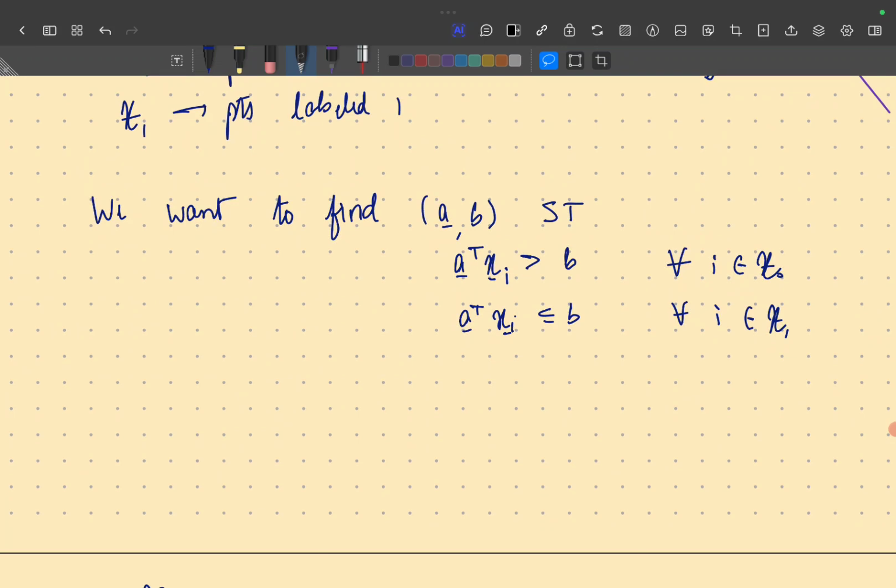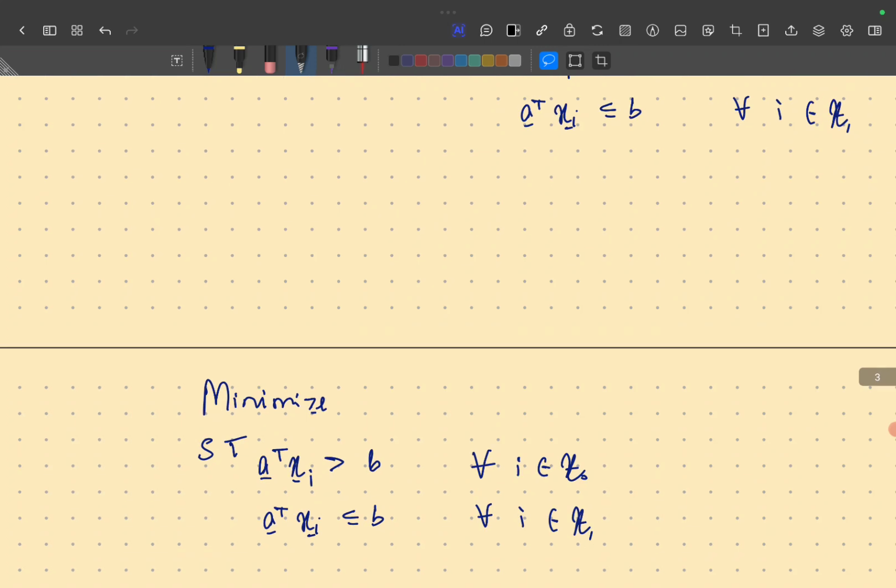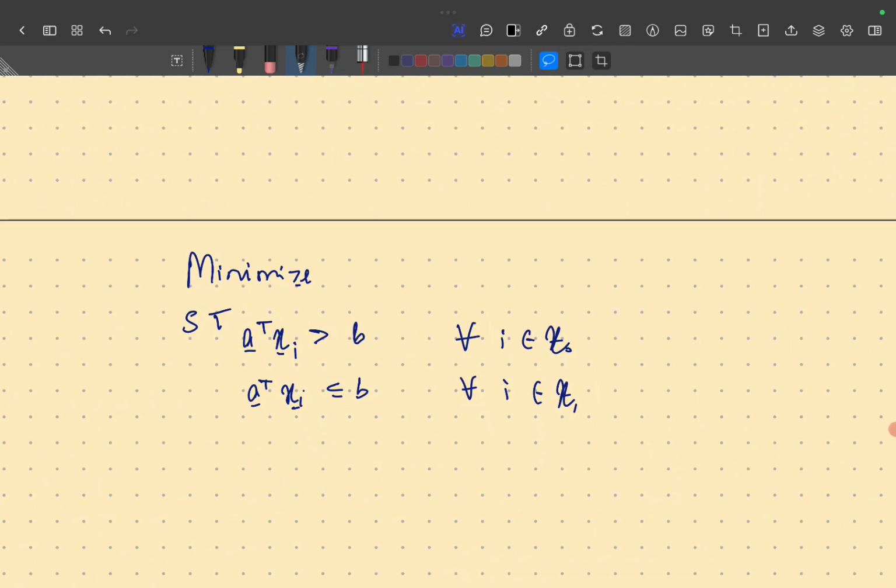Minimize norm of A plus. Again, you are making all of those assumptions. You just minimize a constant subject to these constraints.